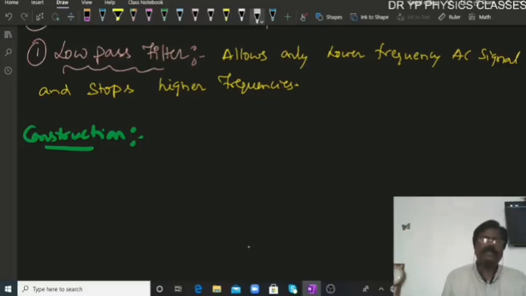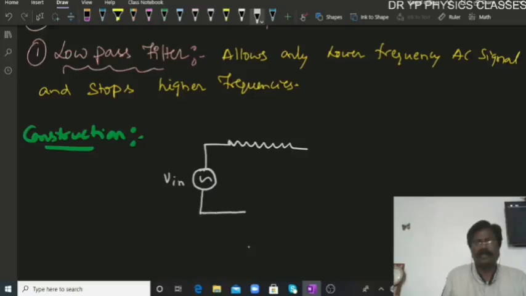So in designing a low pass filter, let me consider a source of voltage, AC source. From here we have to take V in, and for this I am going to connect a resistance in series, and now across this we have a capacitor.